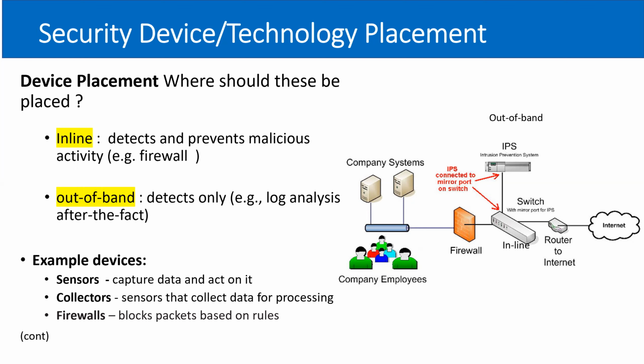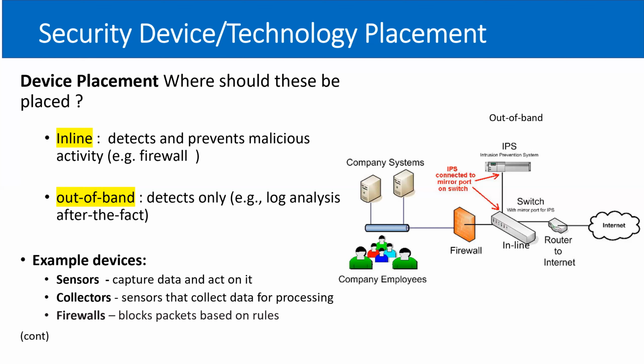That's like a firewall. That may slow down your network traffic because it has to process, view, and make decisions on all the data. Out of bounds is where you have a device and it's not sitting directly in the path, but it can be outside the path. And as the data passes, it's monitoring. It might be copying. It might be creating logs of what's passing. And that data then will be acted on after the fact.